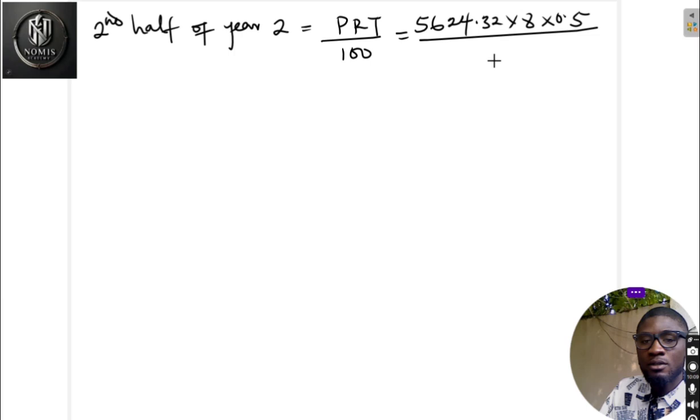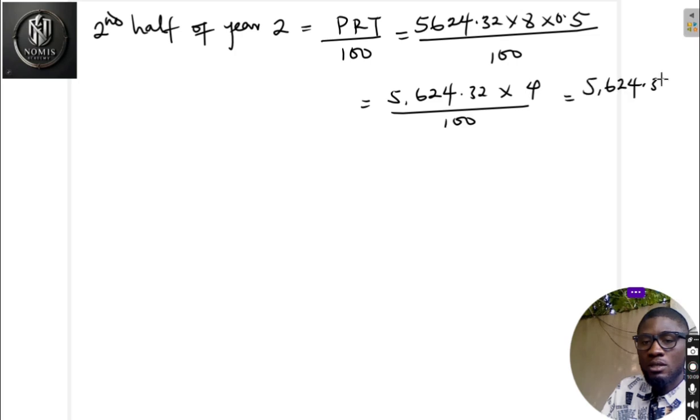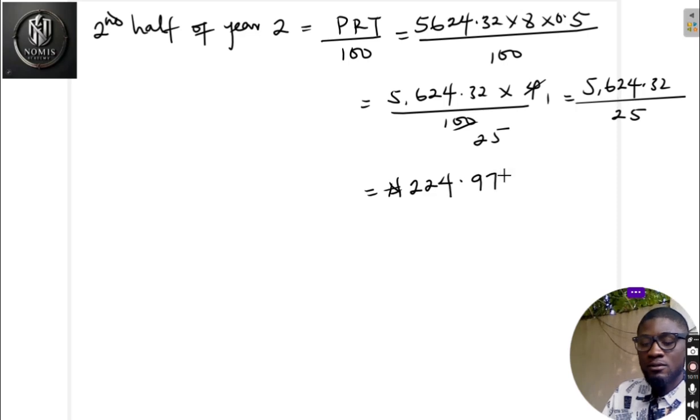So we know that's right, gives us 5,624.32 multiplied by 4 all over 100, and that gives us 5,624.32 over 25, because 4 into 100 is 25. So by the time we divide 5,624.32 by 25, we have 224.9728.